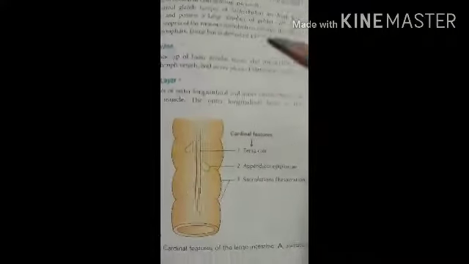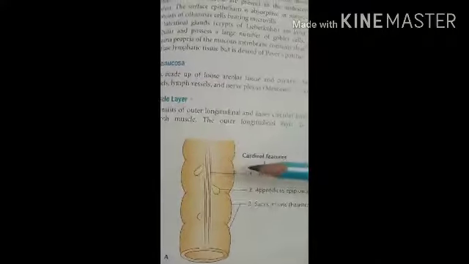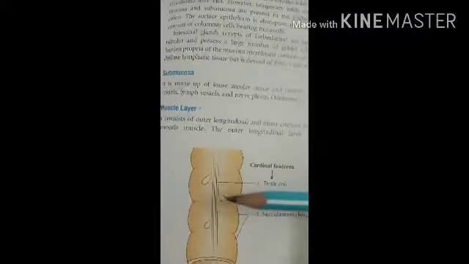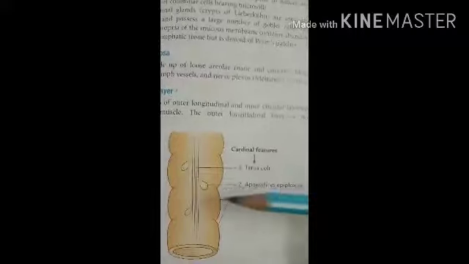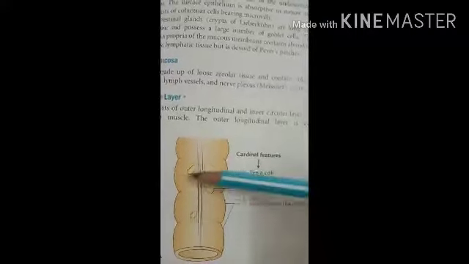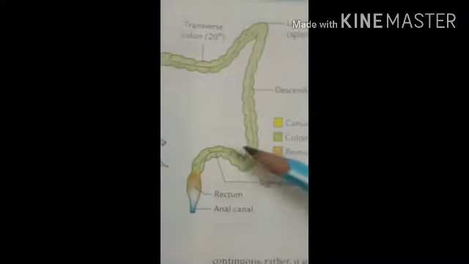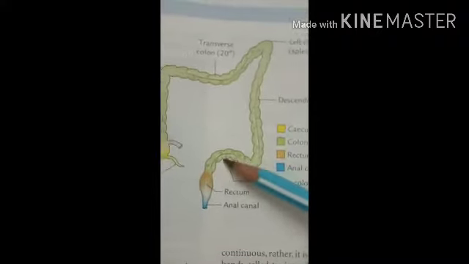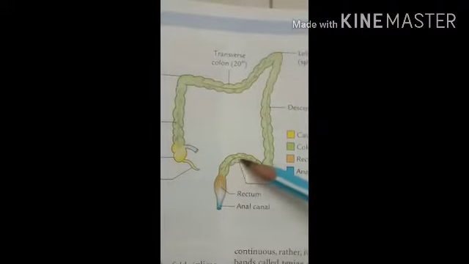Okay, apart from this, there are small bags of peritoneum filled with fat called the appendices epiploicae. So here you can see this one, it looks like the appendix. In this diagram again you can see the fat-filled pockets.